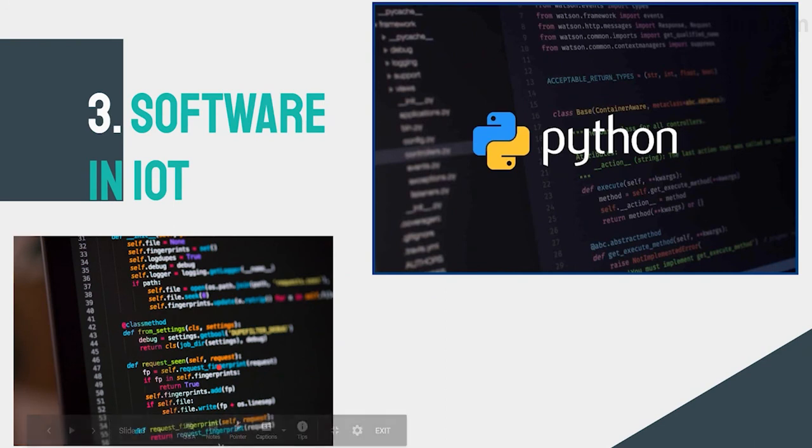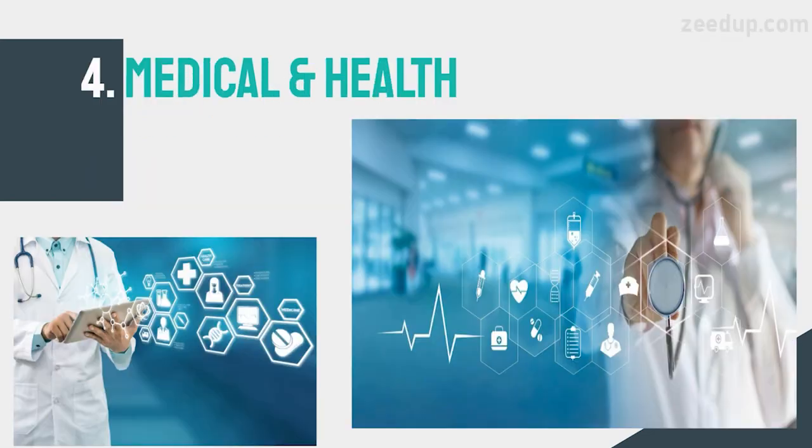And for software in IoT, Python is the major platform. You can write much bigger codes using Python for IoT. And I told you about medical and health. Dialysis instruments are made by instrumentation engineers only. So there is much scope in the medical and health department also.